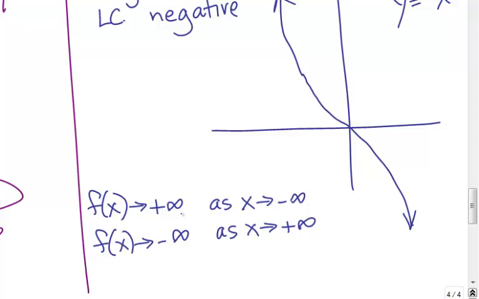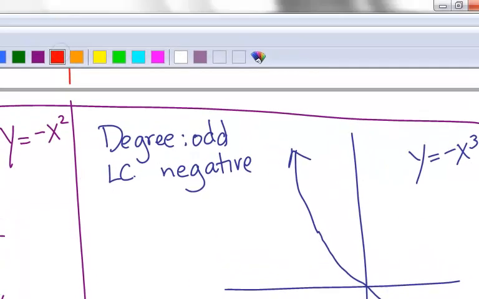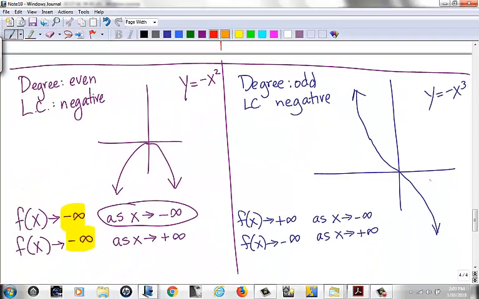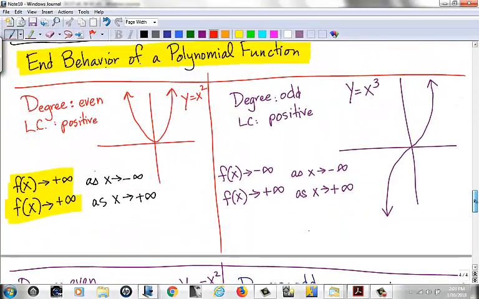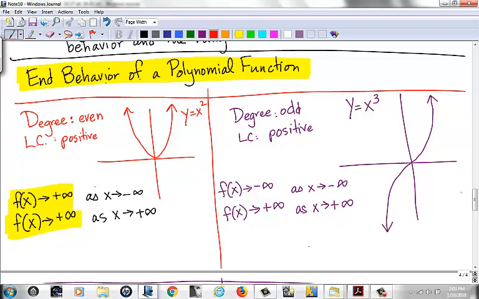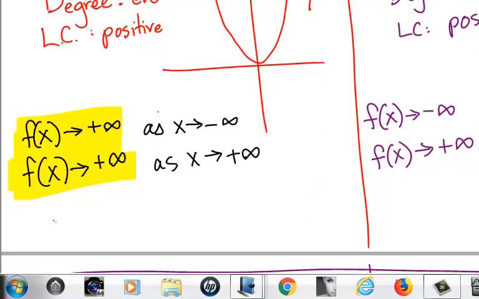Okay, and the last thing on this chart, the author talks about the domain and the range. I would probably do that in a different color if you have it, or highlight it. Okay, let's go back up to degree even and positive. The domain, what did they say the domain was in all of them?